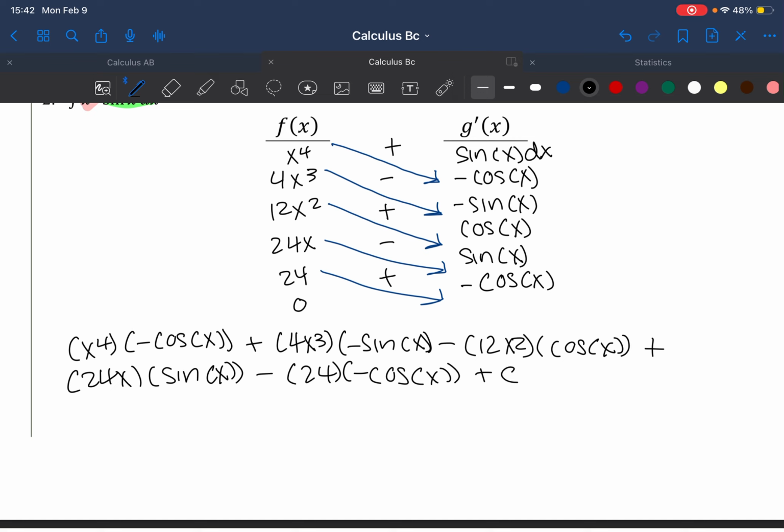So notice my signs plus, minus, plus, minus, plus, is following that plus minus repeating sign.